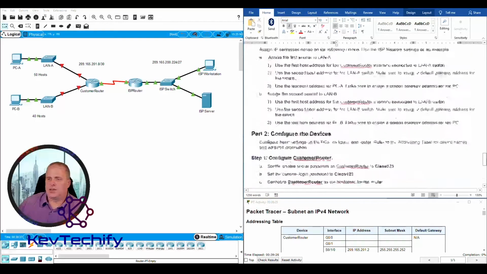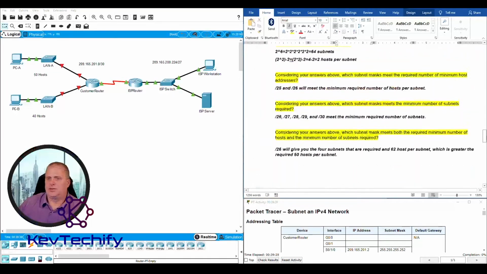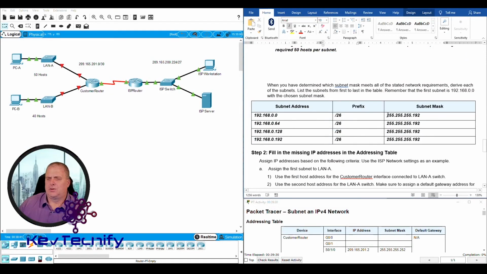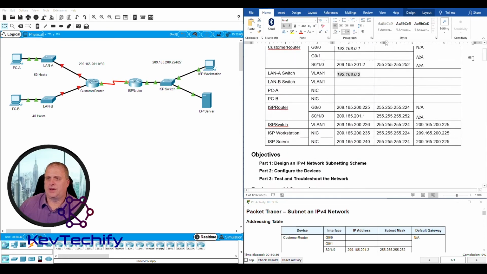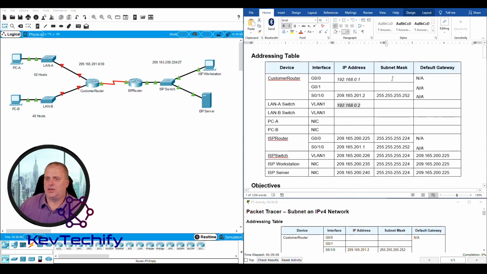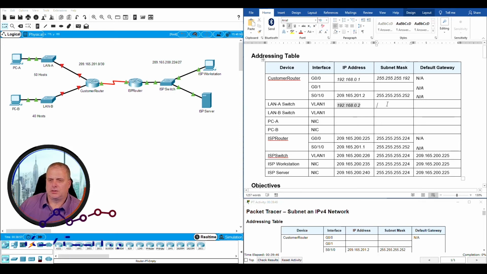Once again, our subnet mask for those was our /26 or .192, 255.255.255.192. Subnet mask stays the same for any device on that network.